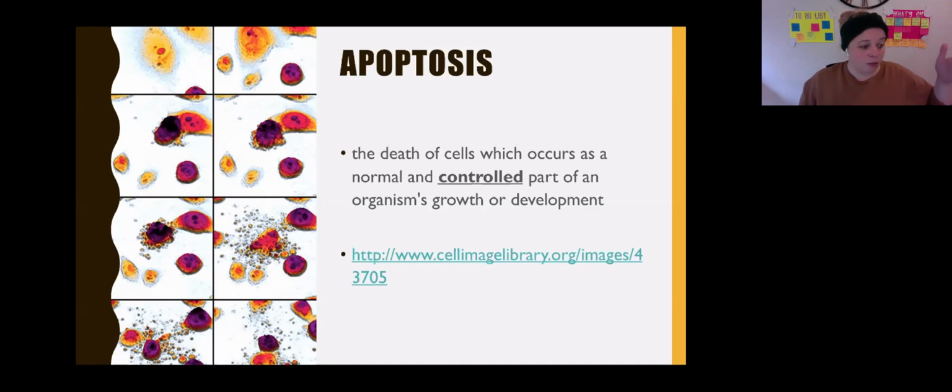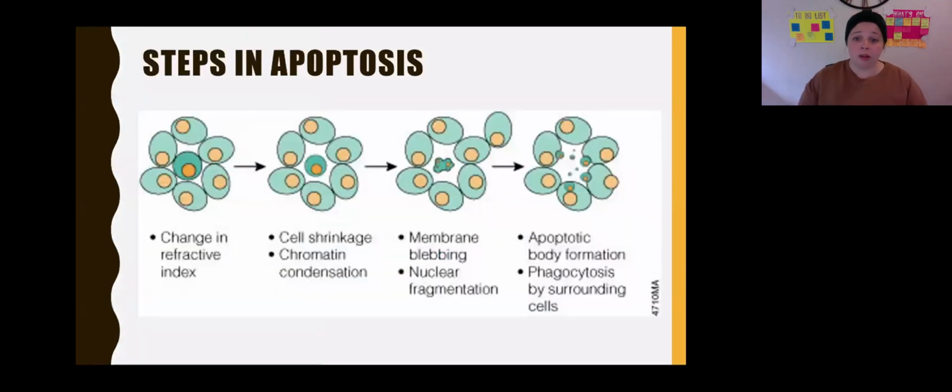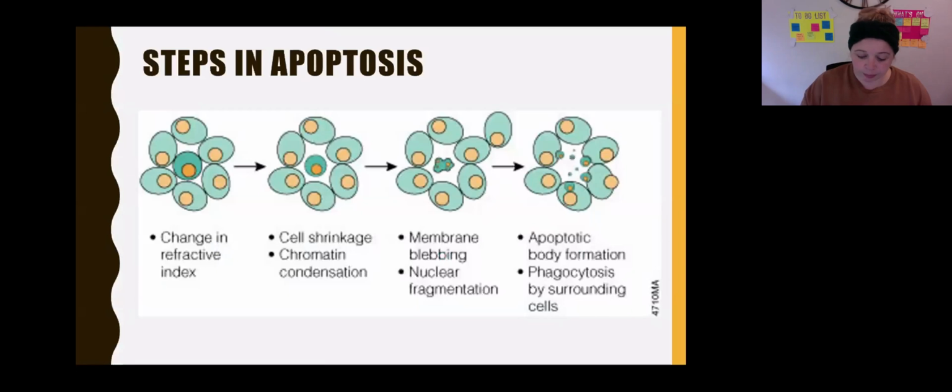Cells have to be created, and then at some stage cells have to die. Really quickly to go over our steps again, the cell in the middle here that's undergoing apoptosis begins to shrink.